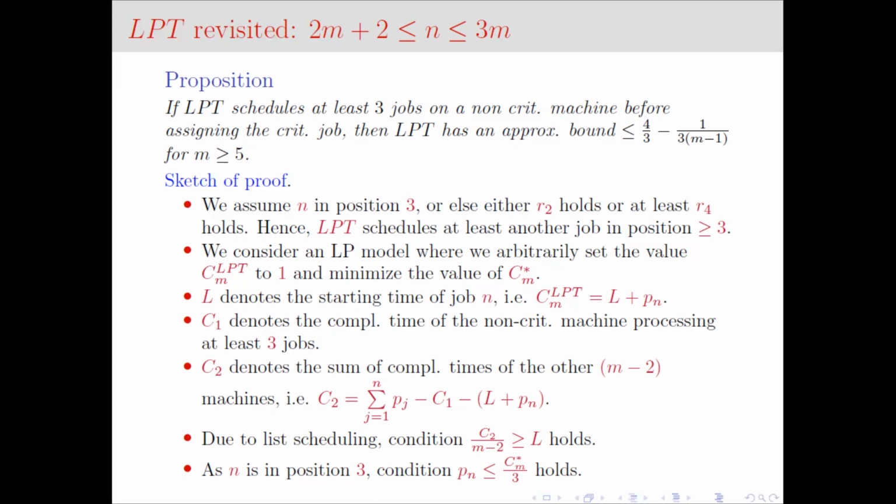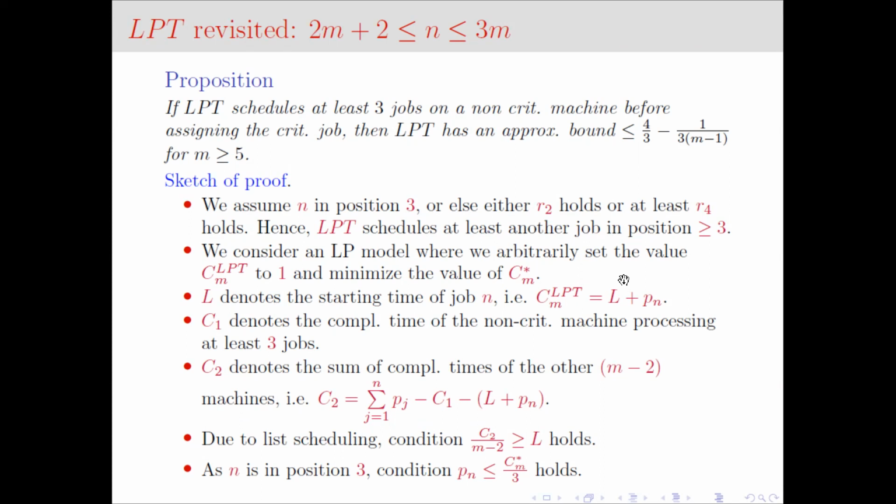And why so? Because if the critical job is in position 2, we already have an improvement, so we have to consider the case in which the critical job is in position 3. And indeed, there is some other job that must be placed somewhere. So there will be at least another job, as it is mentioned here, in position 3.